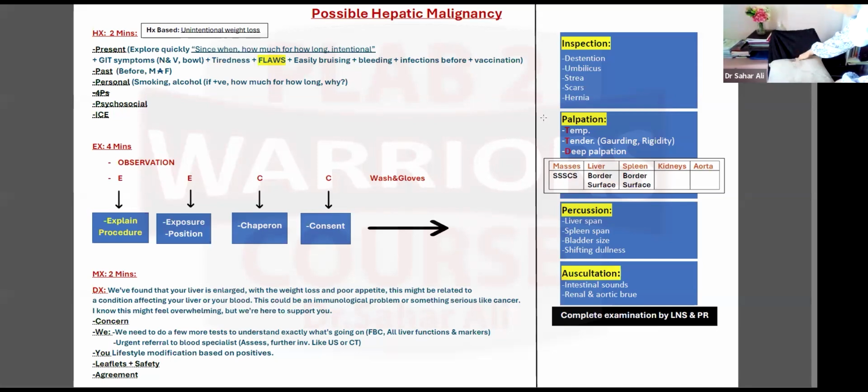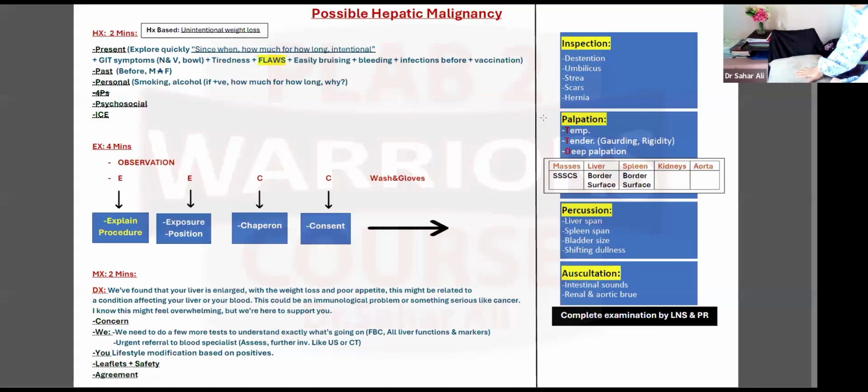So deep palpation in the 9 quadrants again for masses, and then the liver span. Can you please take a deep breath and then check for the liver surface and border. Okay?